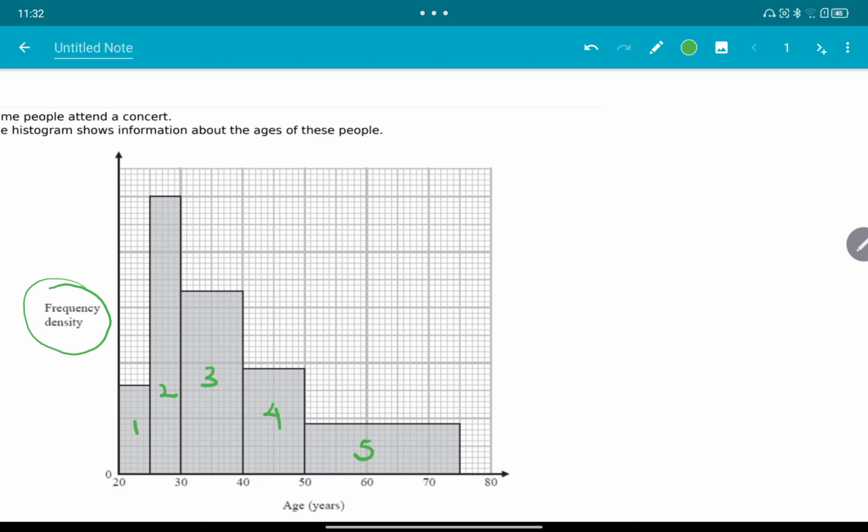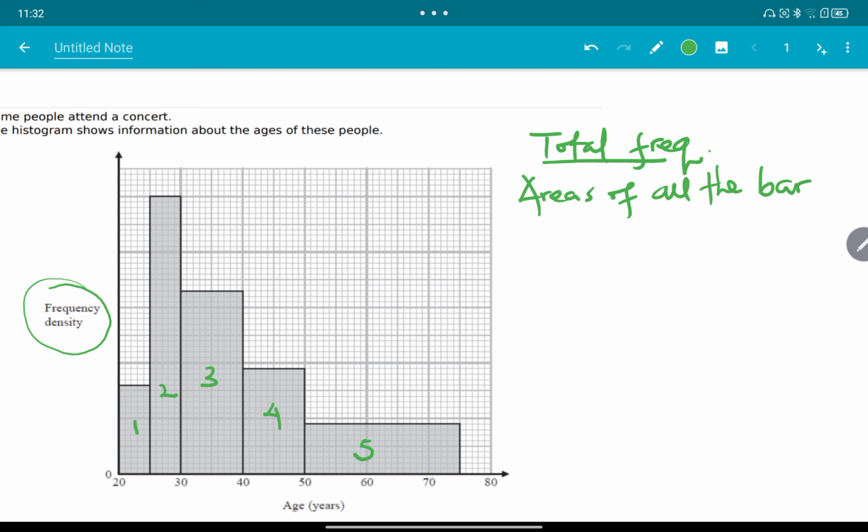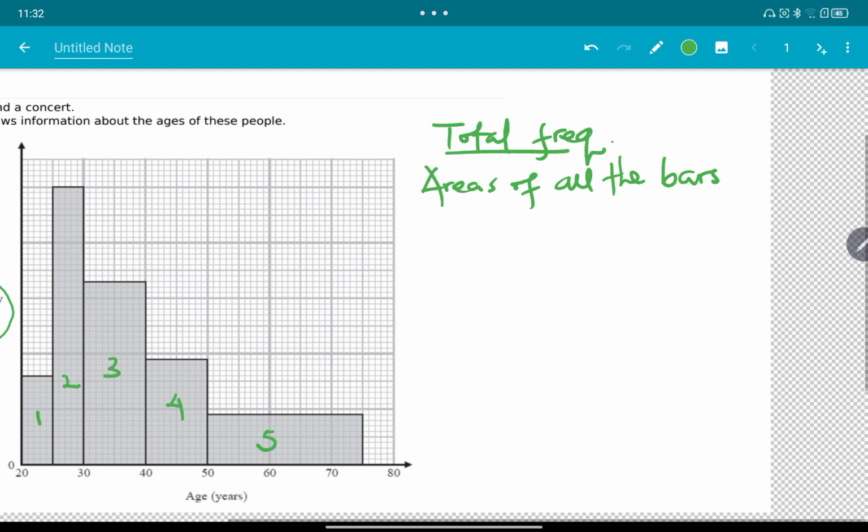Getting the areas of all the bars will give us the total frequency.